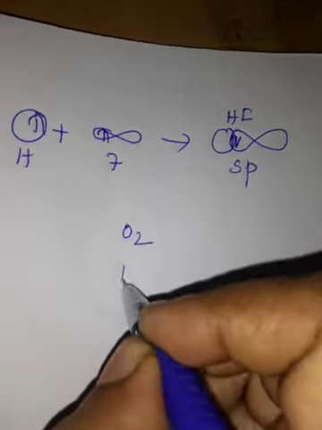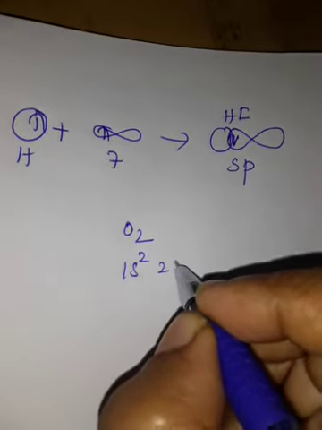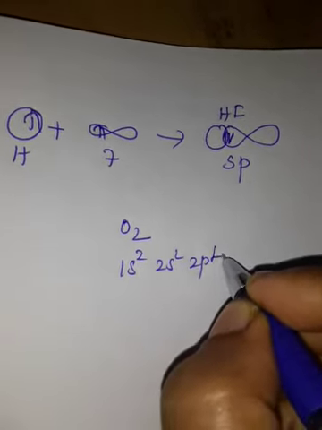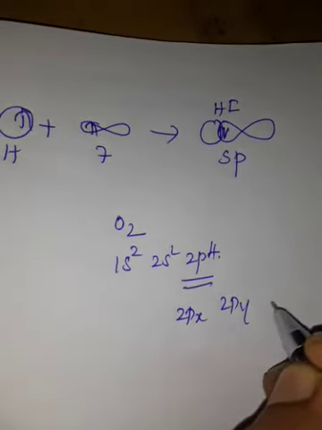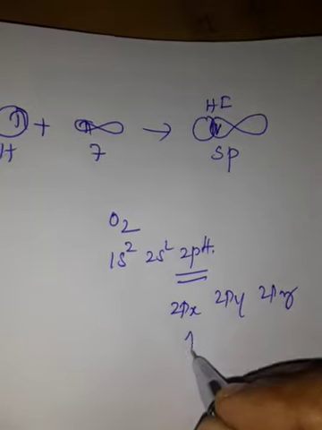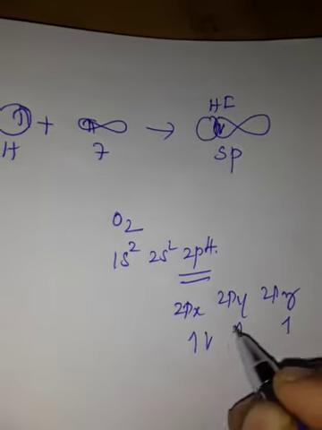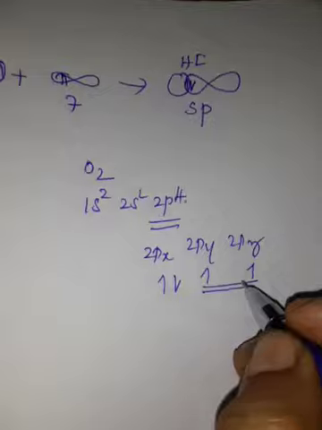Oxygen molecule, atomic number 8, 1s2, 2s2, 2p4. In 2px, 2py, 2pz, electrons fill 1, 2, 3, then start pairing. These two are unpaired.